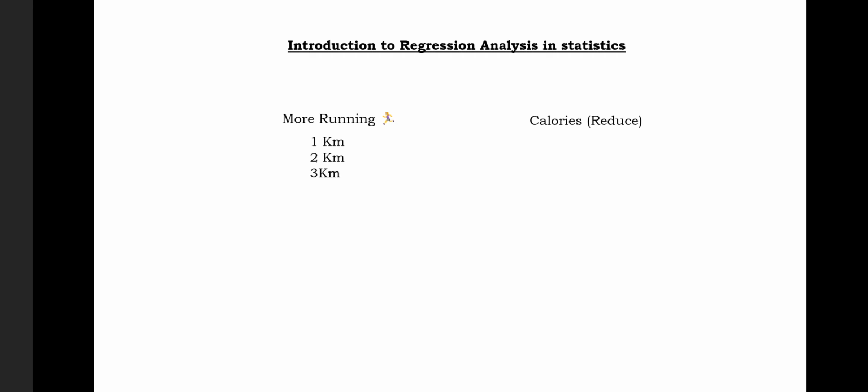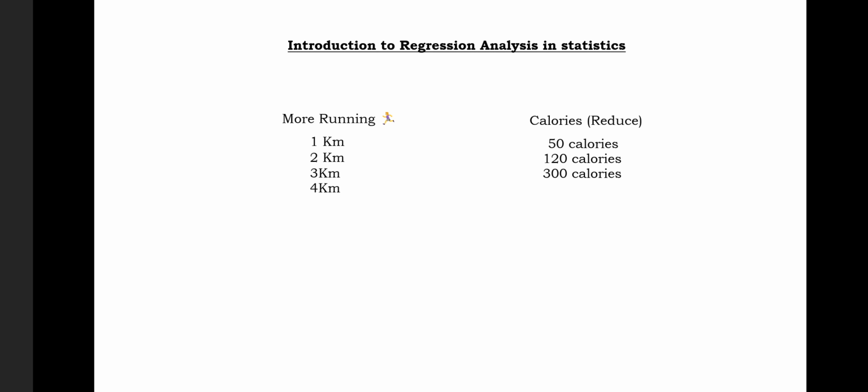When he runs 1 kilometer, his calories reduce by 50. When he runs 2 kilometers, his calories reduce by 120. But when he runs 3 kilometers, he was able to reduce 300 calories.